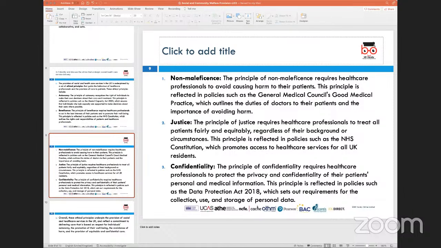So beneficence and non-maleficence both have to be looked at from the point of view of ethical standards within the NHS, and both have to be followed in order to ensure that best practices and best services are provided to patients, and it does not put them in harm's way. It contributes to them getting better rather than contributing to their condition deteriorating.